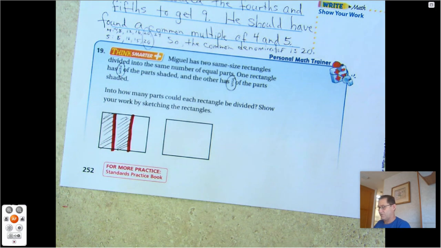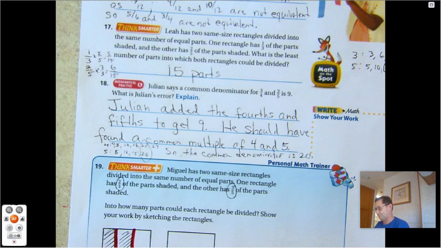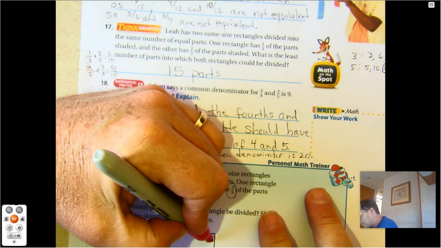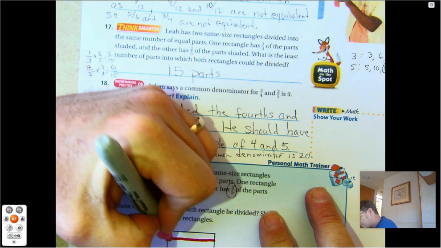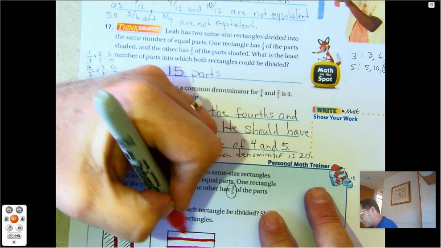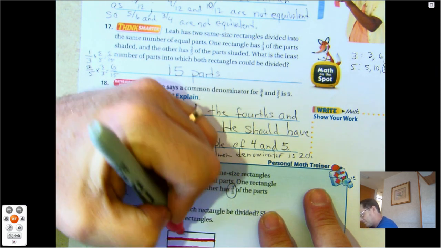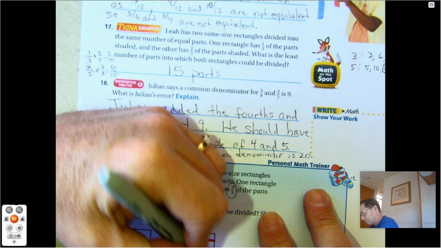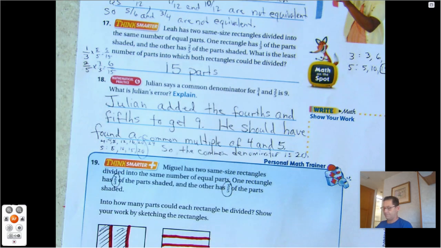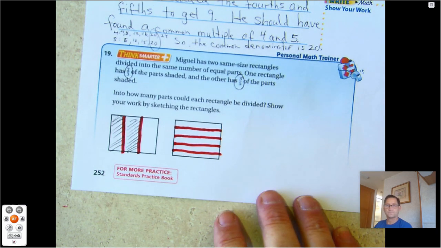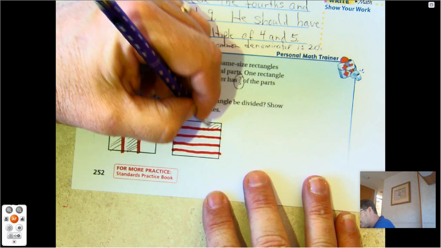And the other one we have fifths, and this one is 3/5.